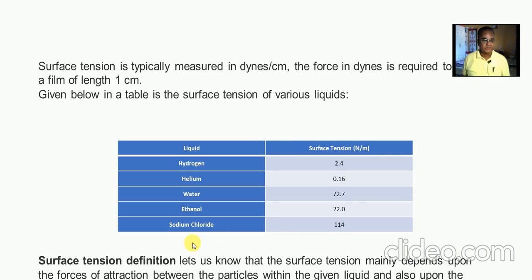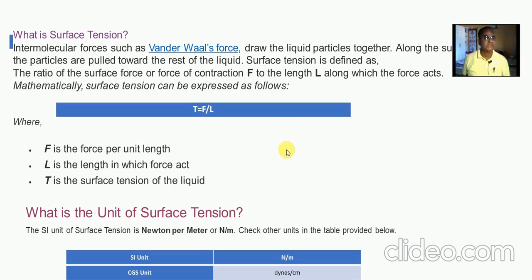Surface tension can be defined in another way by considering van der Waals forces. Every liquid, every matter has intermolecular forces which are known as van der Waals forces.